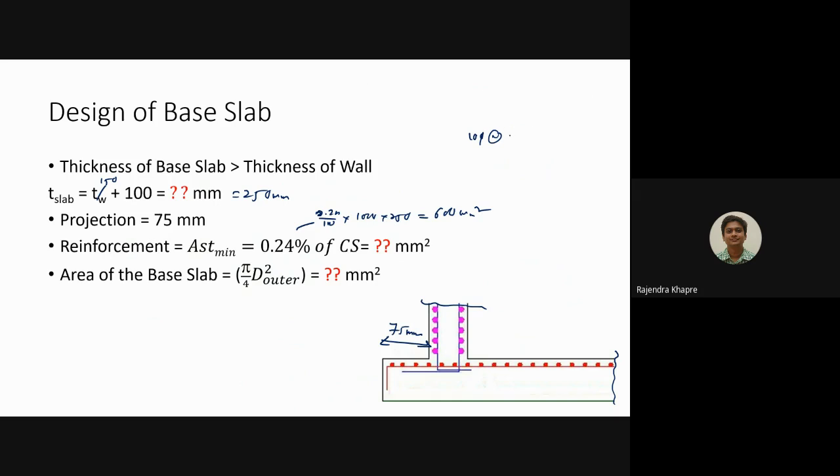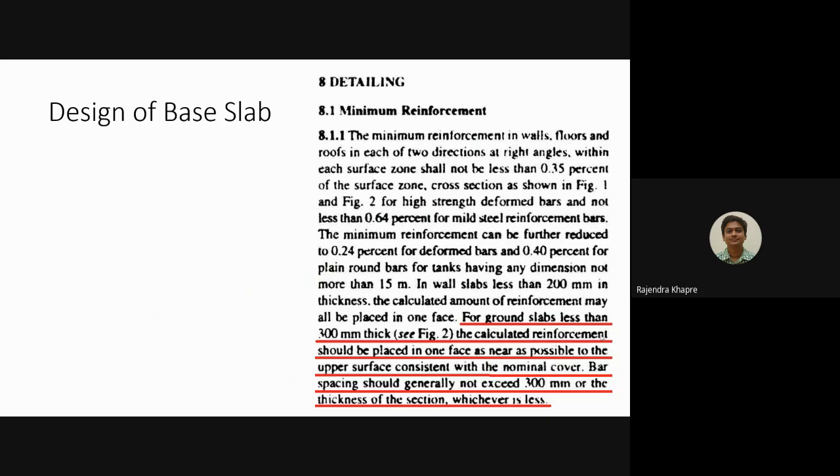So we can have 125 center to center. Both this reinforcement as well as this reinforcement can be 10 dia at 125 center to center. This is how the bare minimum reinforcement has to be provided.